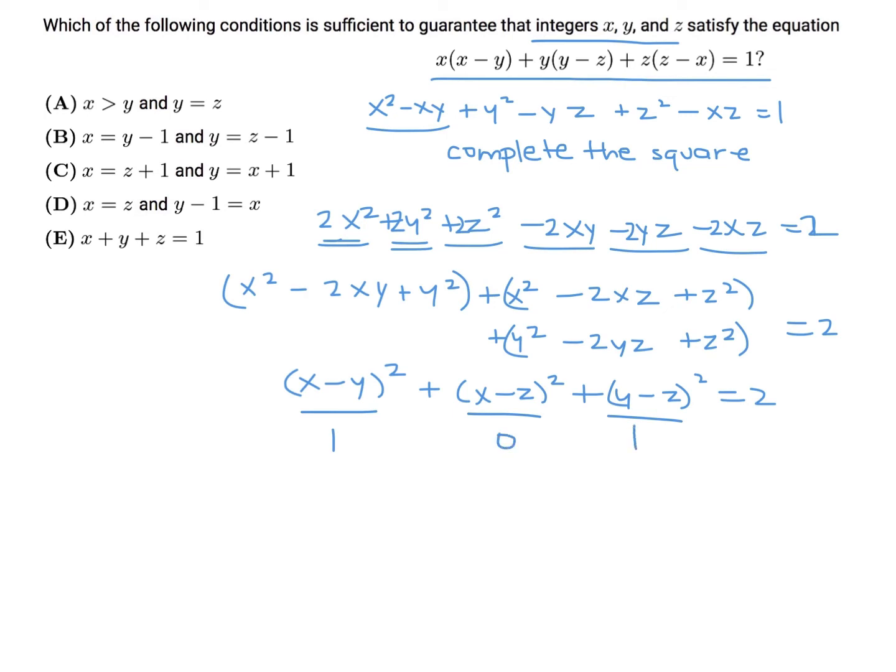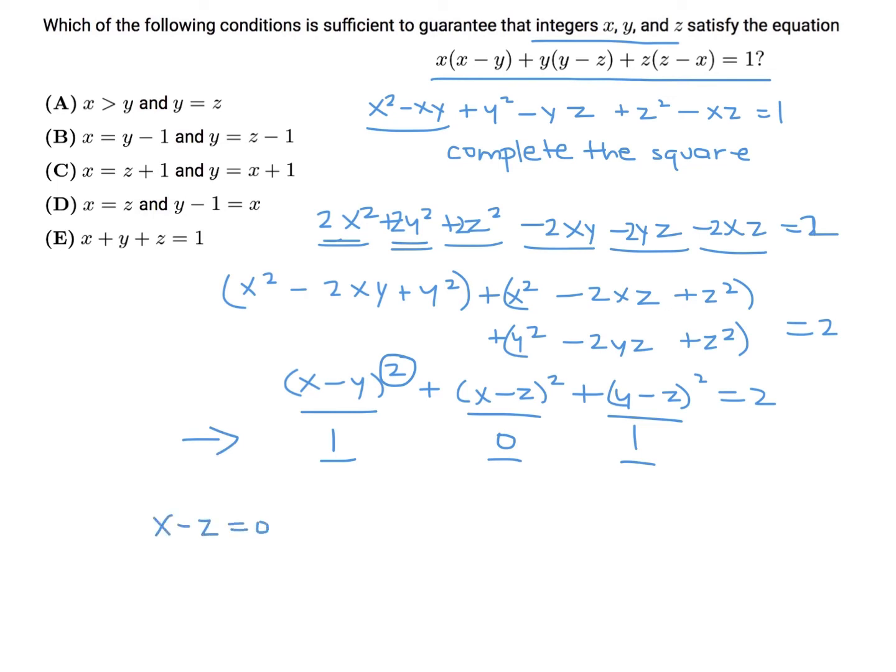You see what I mean? That would make it 1 plus 0 plus 1, which is 2. Because each of these has to be an integer, there are limited options. And also these are squares, so we know that these are going to be positive integers, well, positive or 0.